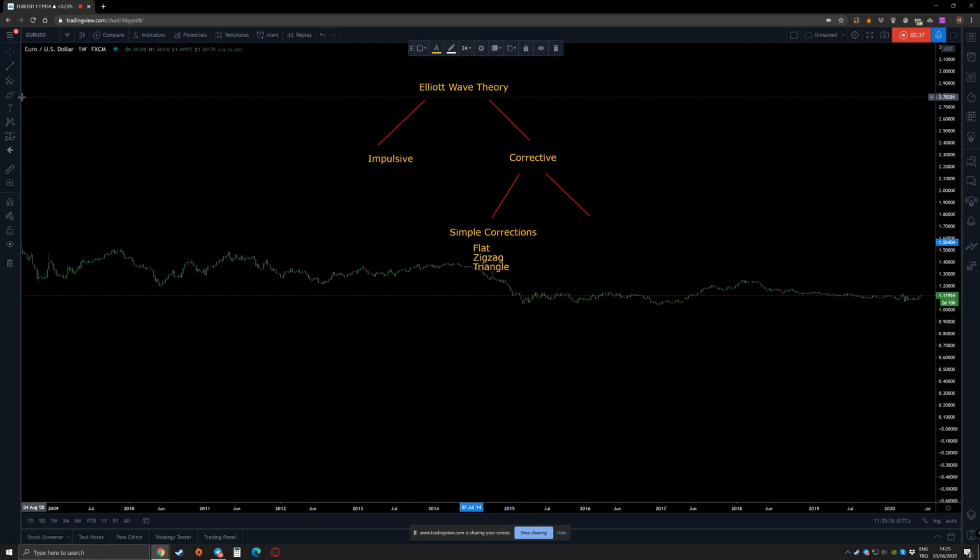Now, if you're going to look for a flat, the flat looks like this. This is what we call a flat. How do I understand this? Well, it's easy.